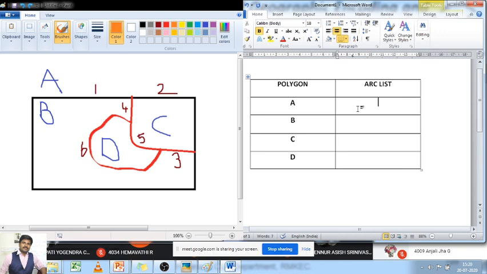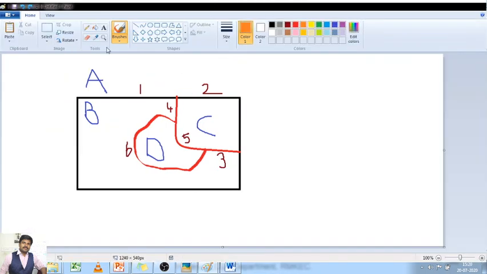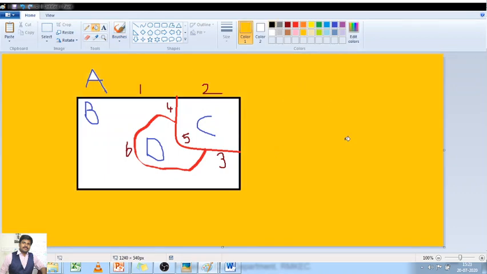Now, looking for area 1. For every polygon we are going to mention all the arcs which are connected with it. Here, all this yellow colour part is coming under A. So what are the arcs touching the A part? Arc 1 is touching here, and 2.